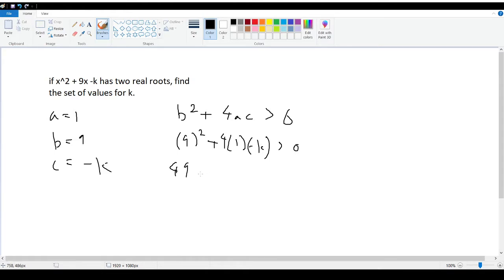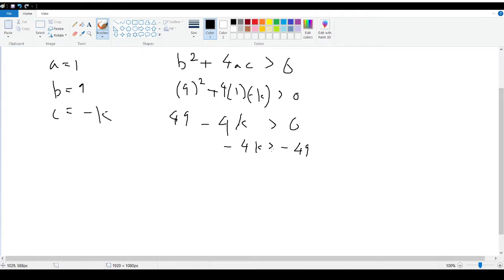And it's negative 4k. And we're just going to move the 49 to both sides. And all we have left is negative 4k. So now we're going to divide negative 4 on both sides.